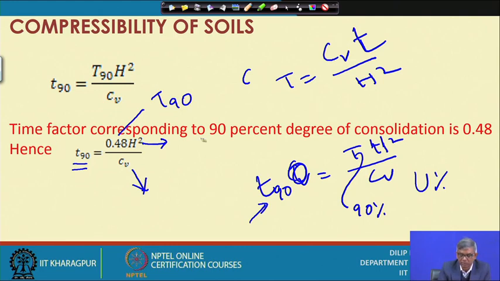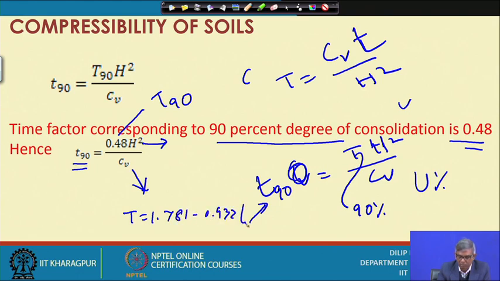The time factor corresponding to 90% degree of consolidation is 0.848. If you go back to the chart, you will see that when U is 90, then T equal to 0.848. Or you can use the second equation, T equal to 1.781 minus 0.933 log10 of (100 minus U).